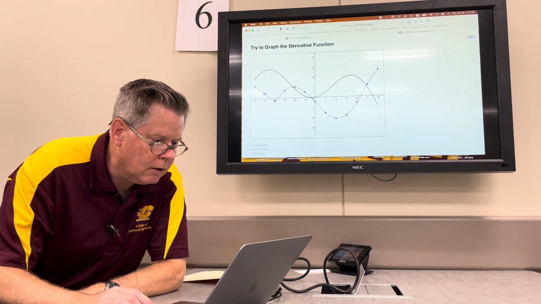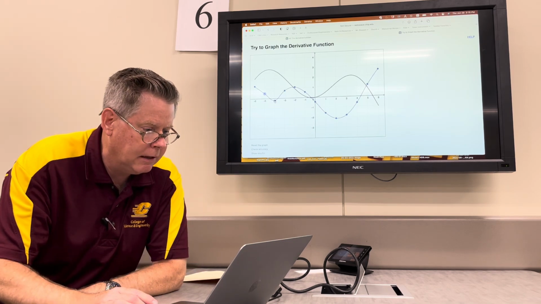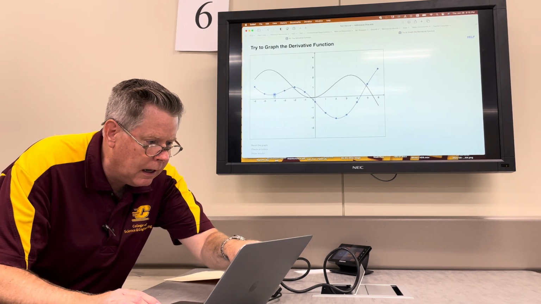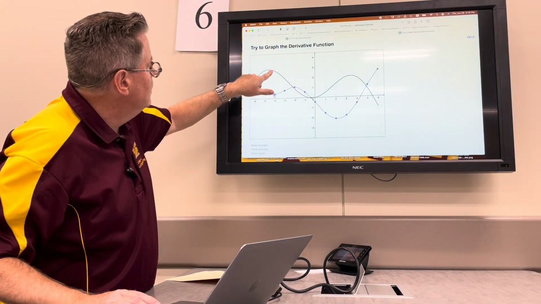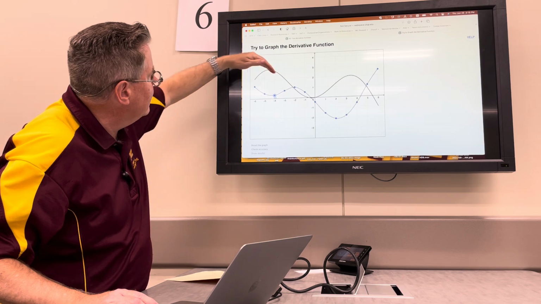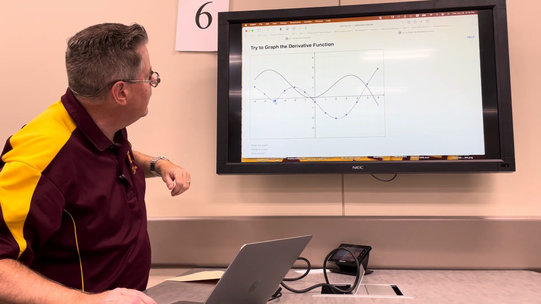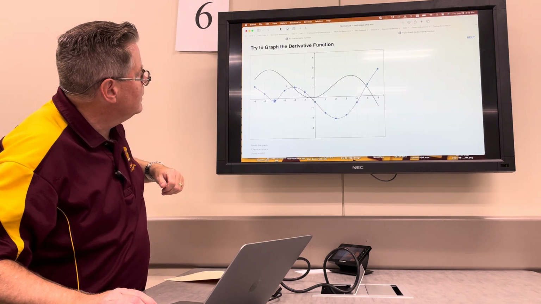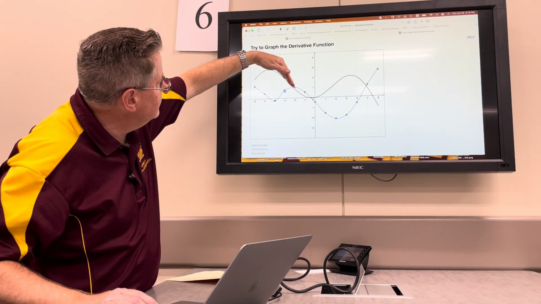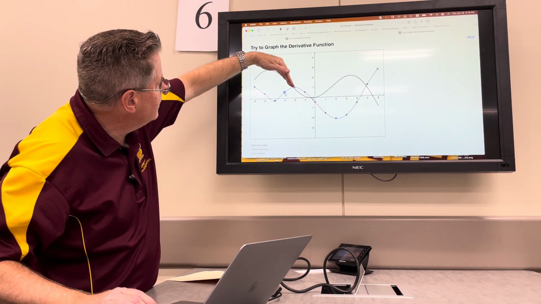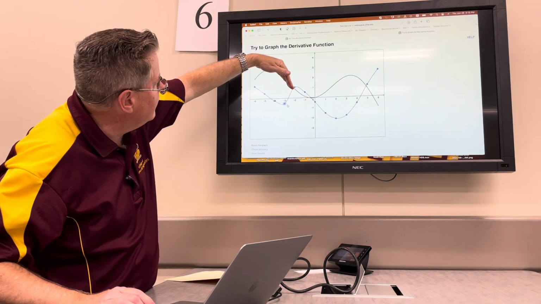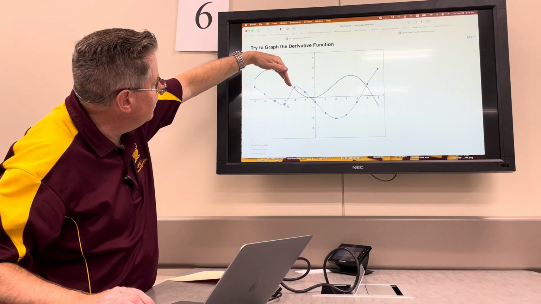So here it looks, and I'm just going to guess a few just to kind of give you the idea. This one here would be at this location would be a negative slope. It's going downhill, so I'm going to make it negative. I'm just going to guess it's somewhere around there. Okay, this one here, again, if I go to this graph, it's negative, so therefore it's going to be negative. It's going to be a little more negative than the previous one because it's going downhill a little bit steeper.